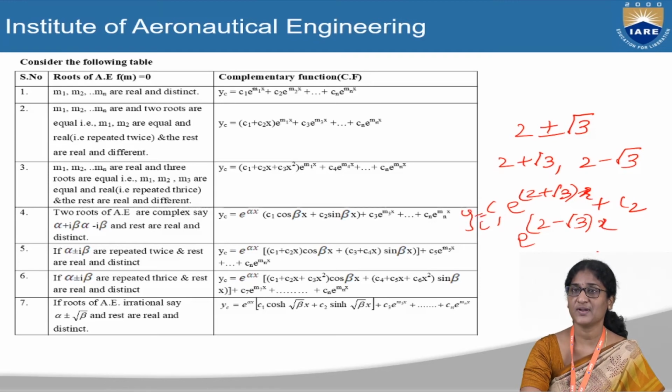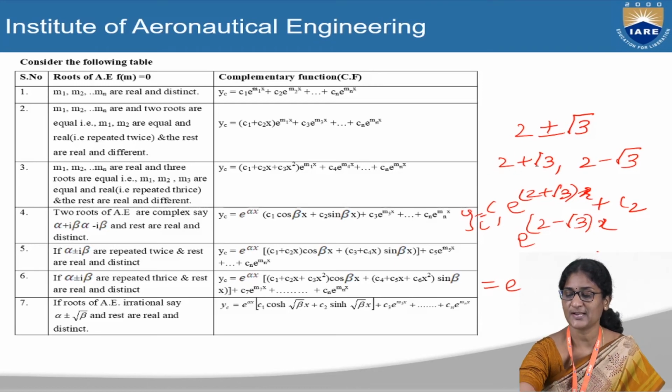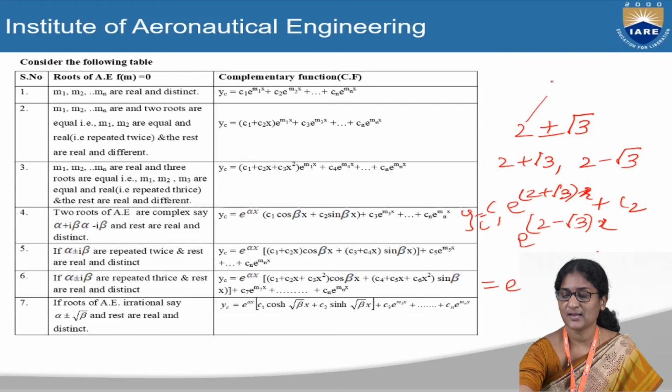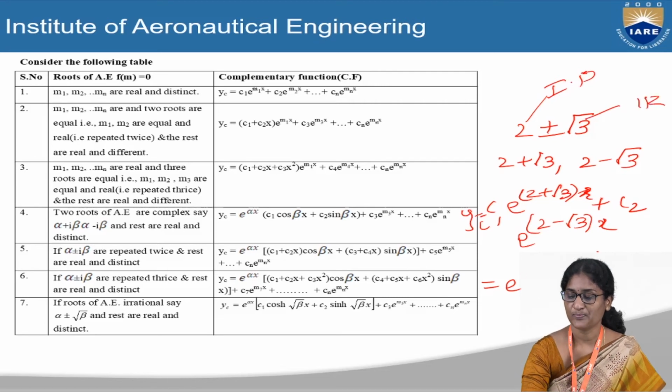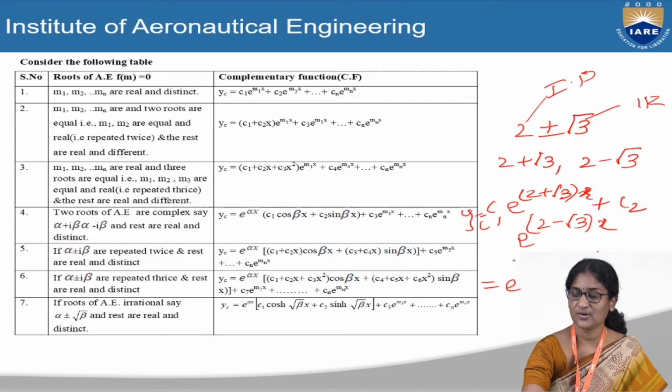Otherwise, we can even write it in this form. Take the rational part and the irrational part, the irrational root. You represent this as a and this as b.